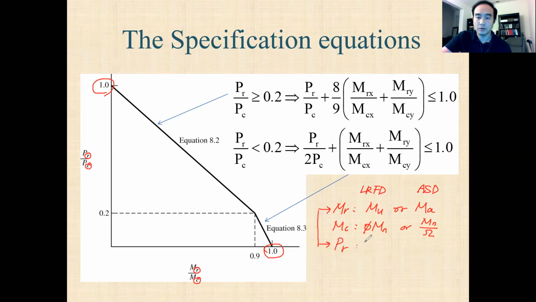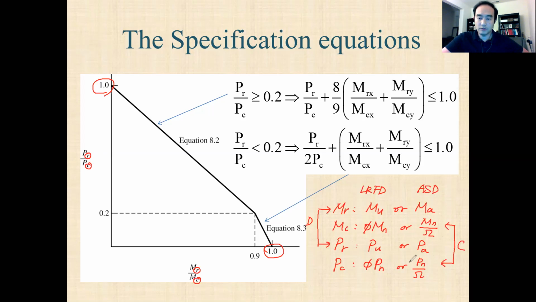So for LRFD, it's going to be PU. ASD is going to be PA. So these two are demand. And here we have PC, which is phi times PN for LRFD, or PN over omega for ASD. So these two will be capacity, right?